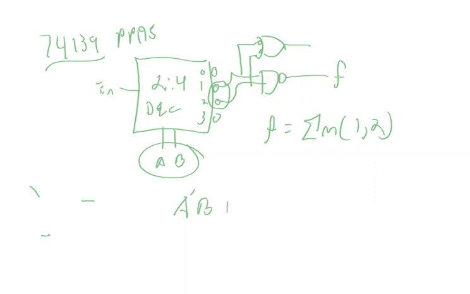Or A, B, 1, 0. And then instead of plus, you used times. And then the outputs were inverted. And then the whole thing is inverted.